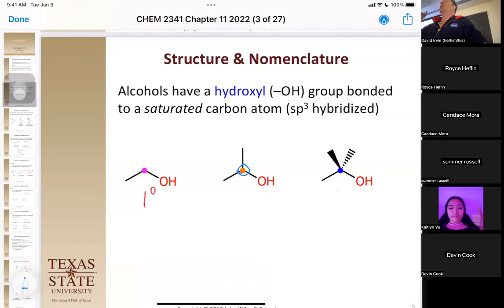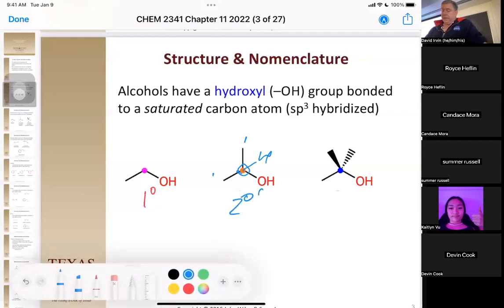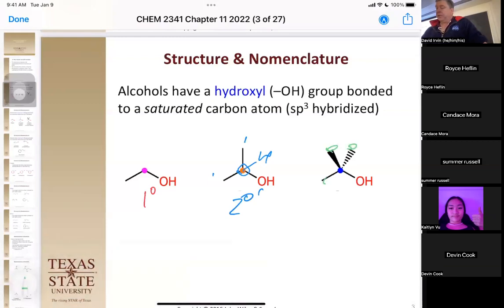Remember, we're looking at how many carbons are attached to that carbon. And there's only 2 carbons attached to that carbon. Then we have a hydrogen and an alcohol, which makes this a secondary alcohol. And our last one here has 3 carbons attached to it, so it's a tertiary alcohol. Okay, so notice alcohols are only on sp3 hybridized carbons.